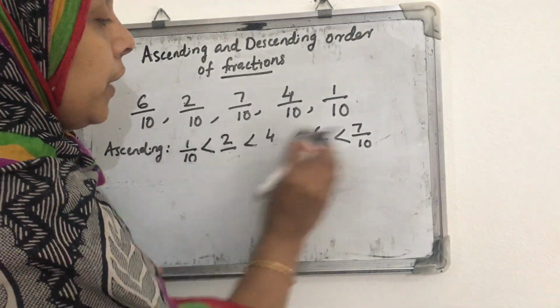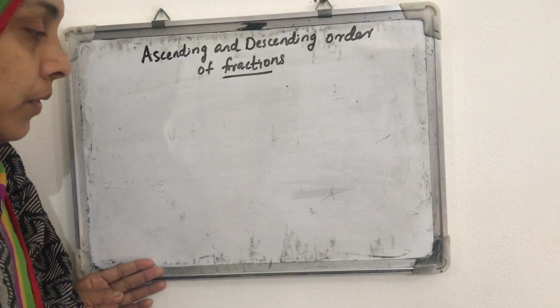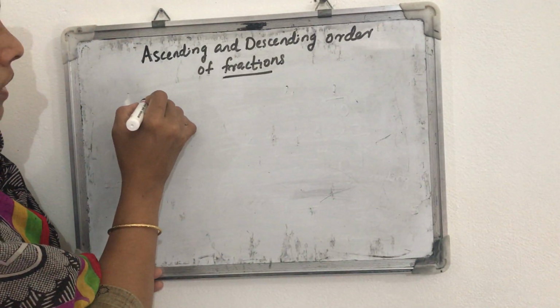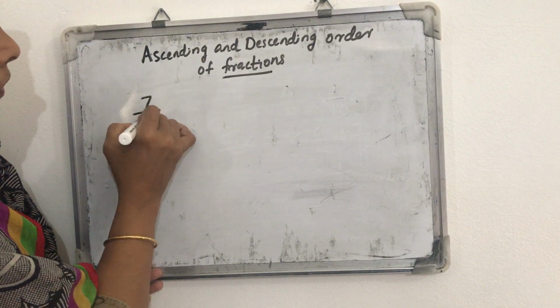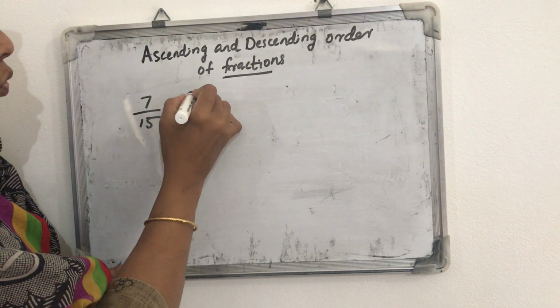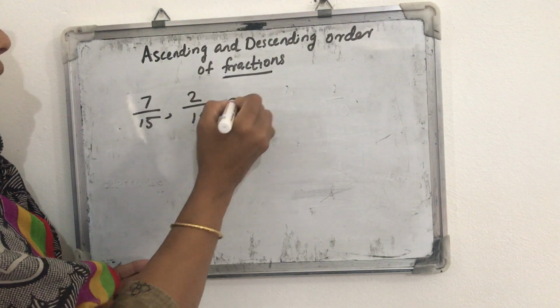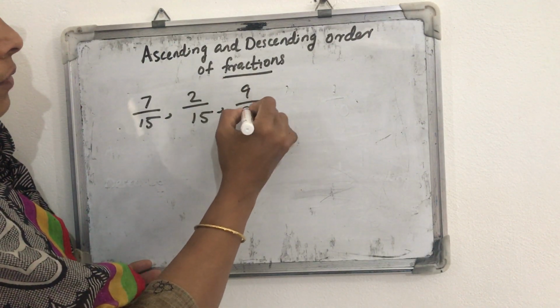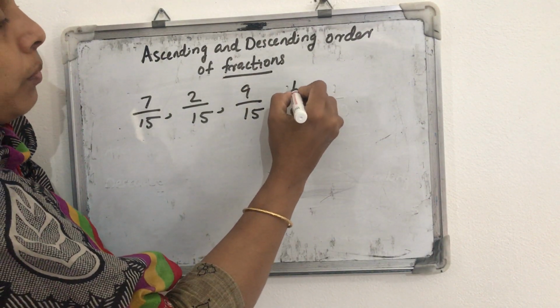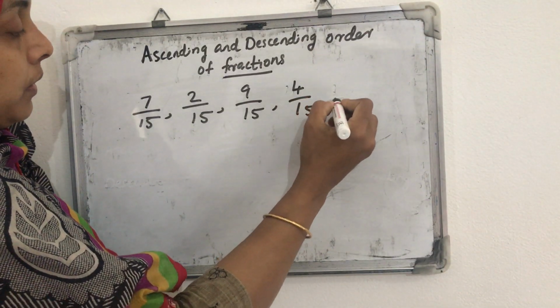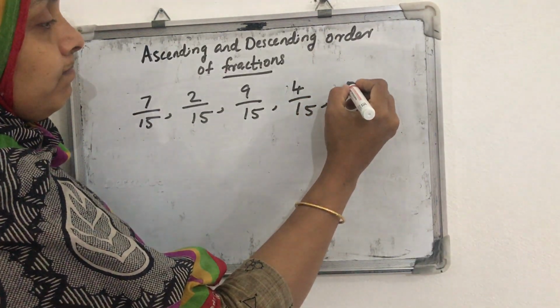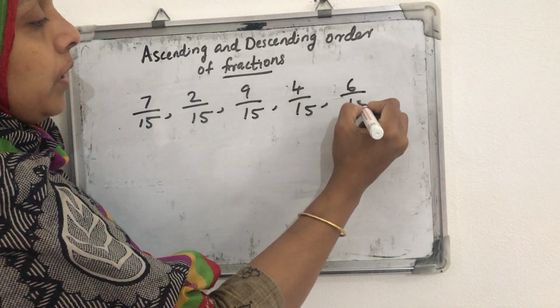Okay, one more question we can do. Another set of fractions is given: 7 by 15, then 2 by 15, 9 by 15, 4 by 15, then 6 by 15.